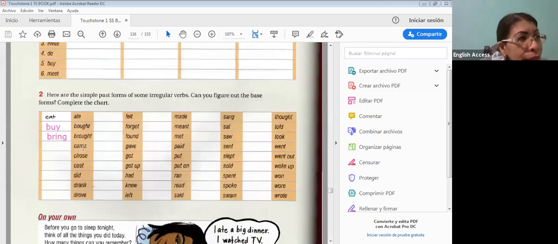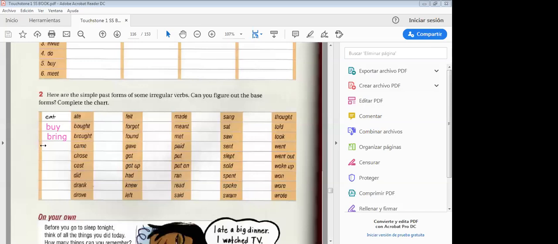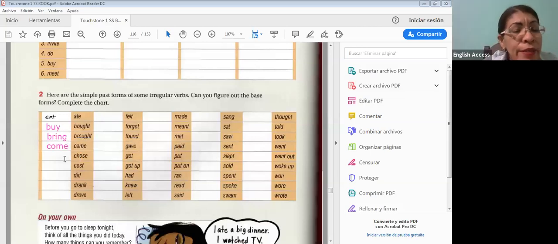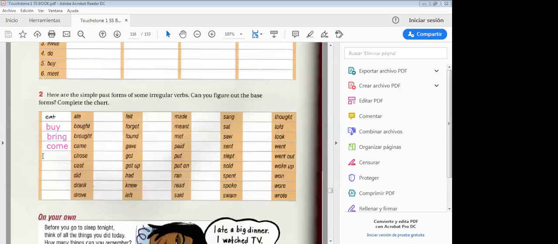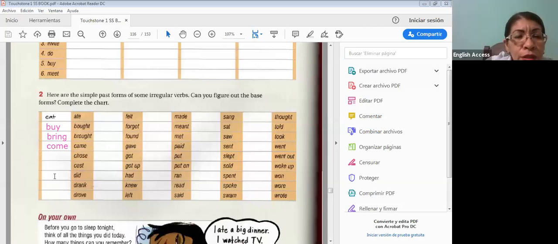Came is the past of come. Chose is the past of, do you know? Choose. Okay, chose, present, choose.